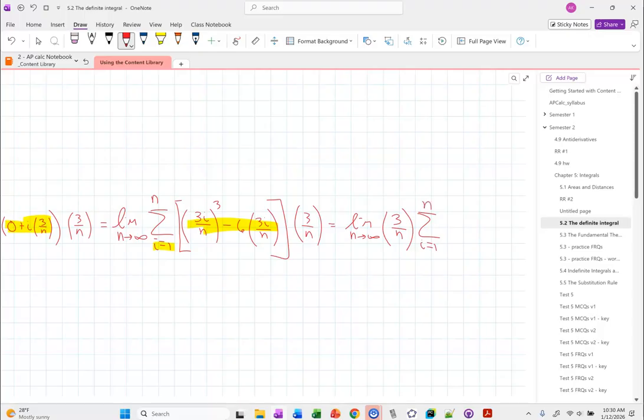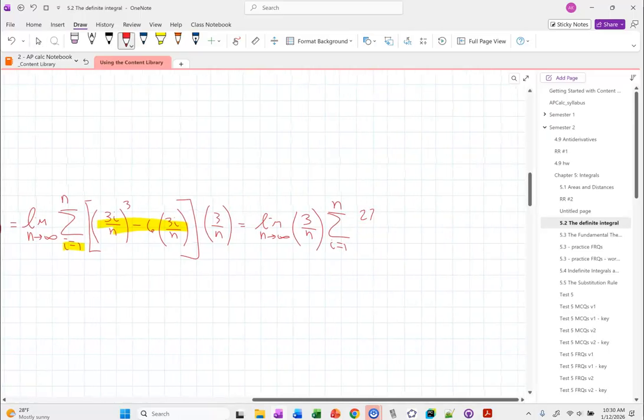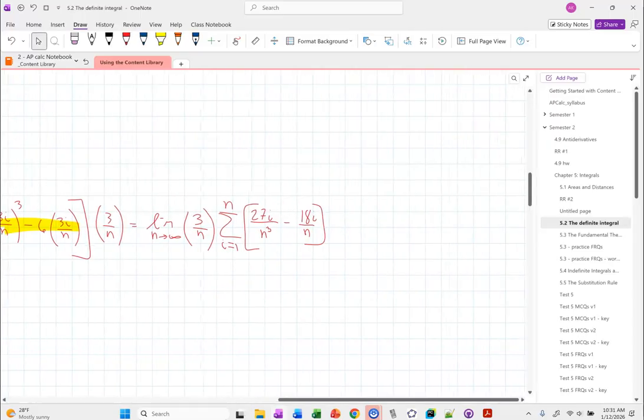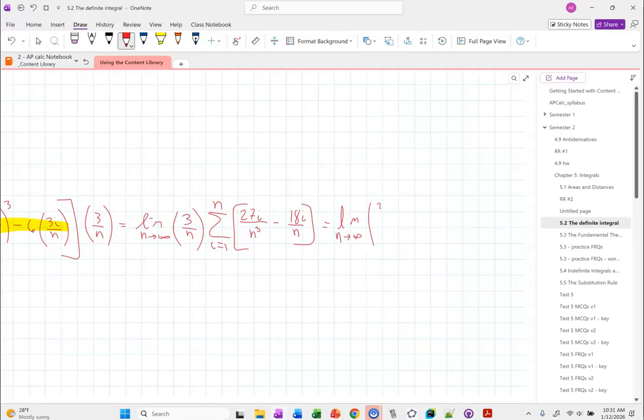And I'm going to simplify this stuff inside of here. So it's going to be 27i cubed over n cubed minus 18i over n. Now I'm going to distribute my summation across.